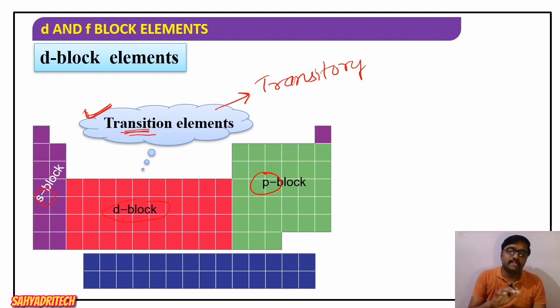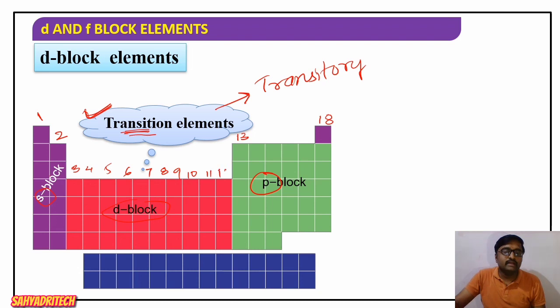Now, when you think of groups, group numbers 1 and 2 of the periodic table constitute the S block. The P block is group numbers 13 to 18. What is left? Group numbers 3, 4, 5, 6, 7, 8, 9, 10, 11 and 12.